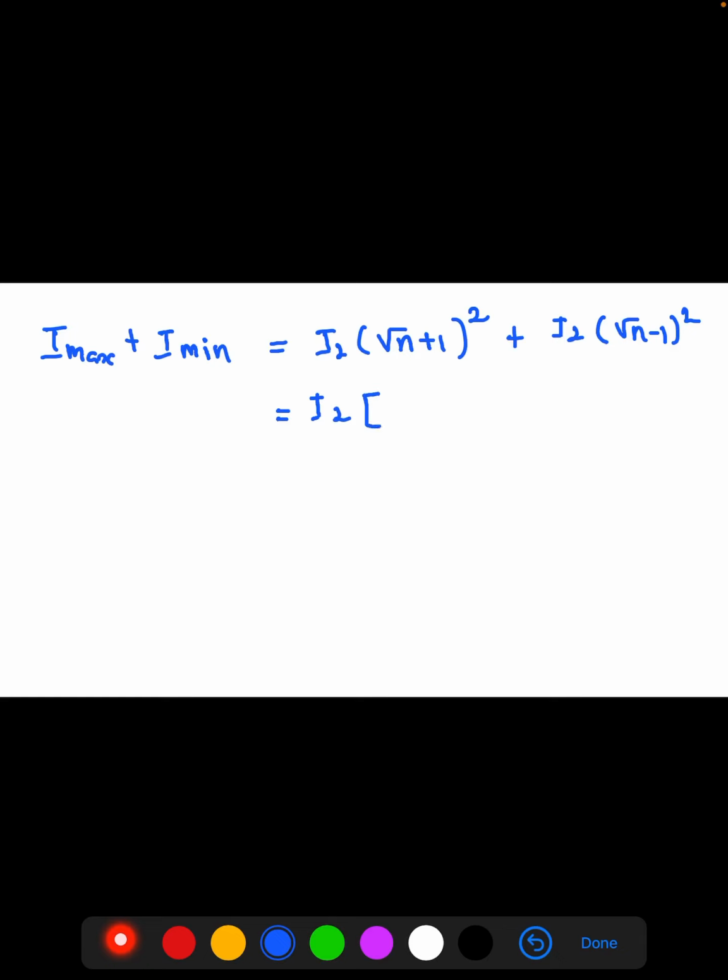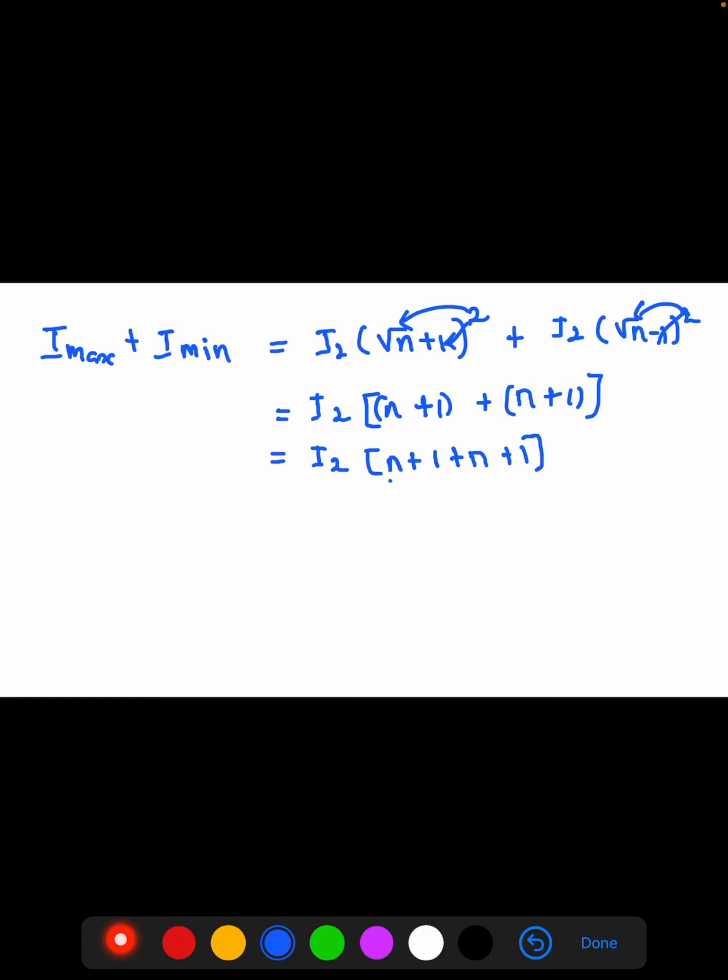So it can be written as I2 into n plus 1 plus n plus 1.